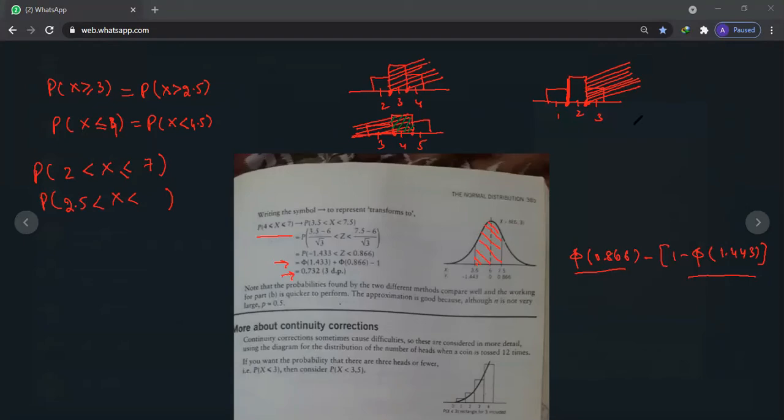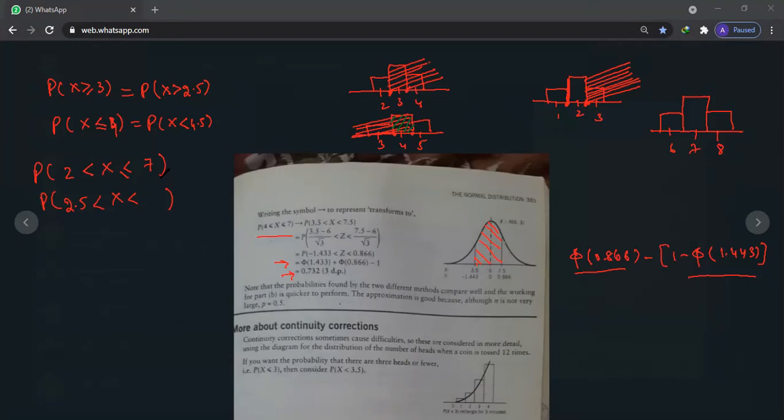Now, for the continuity correction of 7, what should be the method, Samir? We will draw 3 rectangles, 6, 7, 8. Yes. Now this one is x less than or equal to 7. Should I move towards the left side or the right side?